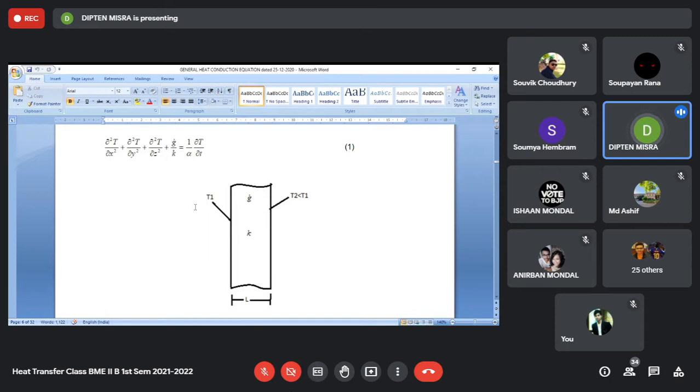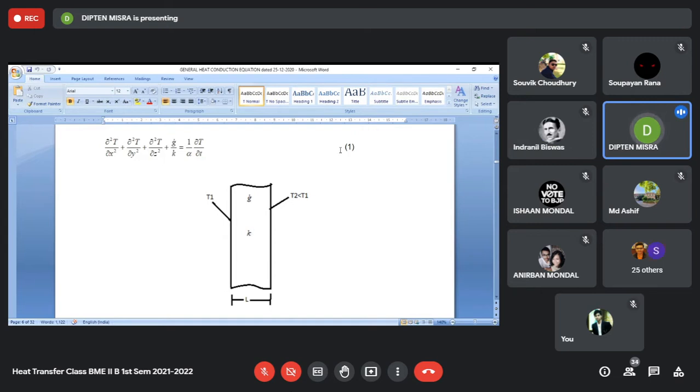One thing that we very frequently make a mistake about is this: when T is no more a function of y, z and time, and T is only a function of x, that is T varies only along x, then ∂²T/∂x² should be replaced by d²T/dx².